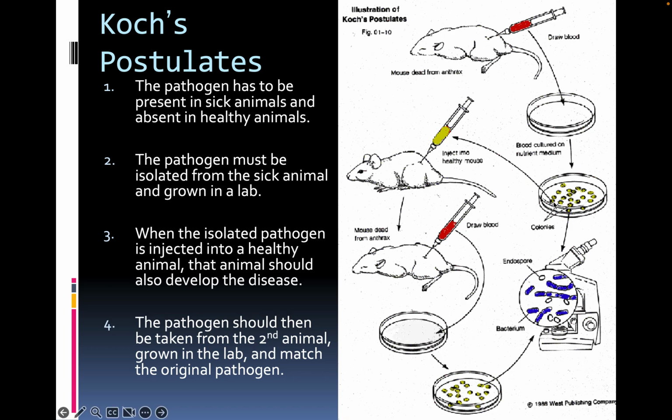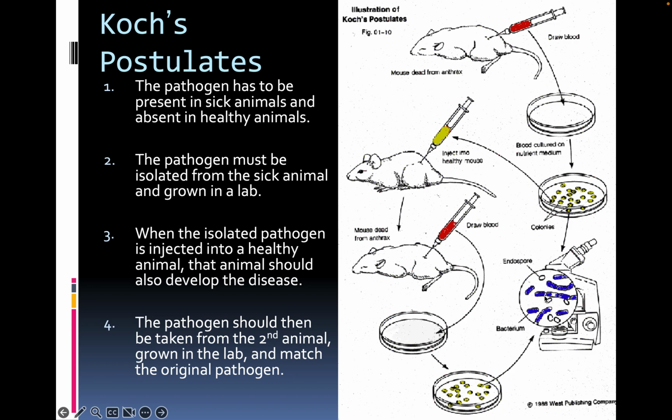You would then take one of those colonies and inject it into a healthy mouse, and that mouse would die with similar symptoms, right? You would then take blood from that healthy mouse and culture that, and you should get the same colony out.